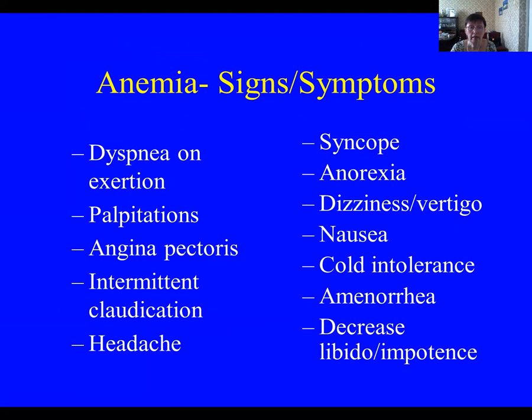These symptoms may be dyspnea on exertion, syncope, anorexia, palpitations, dizziness, nausea, cold intolerance. It may be chest pain like angina pectoris, intermittent claudication, headache, amenorrhea in women, and decrease of libido.